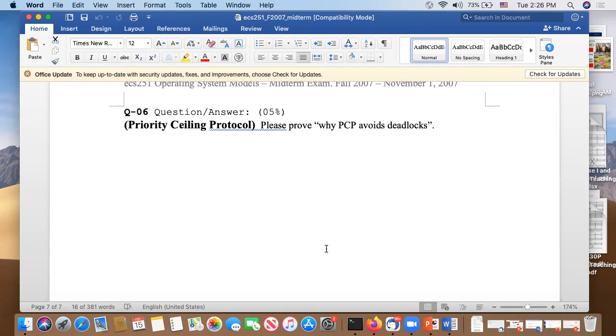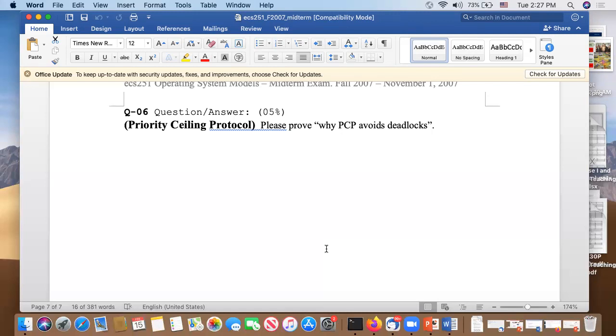The reason it will avoid deadlock is because it enforces the locking sequence to correspond to the priority level, according to the priority ceiling. Because of priority ceiling, you are able to force the locking according to their priority level.